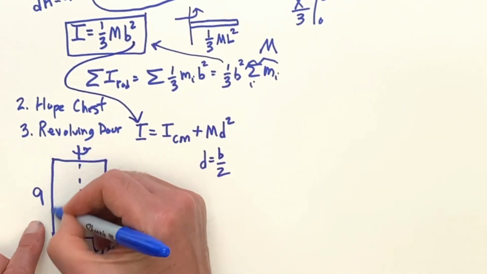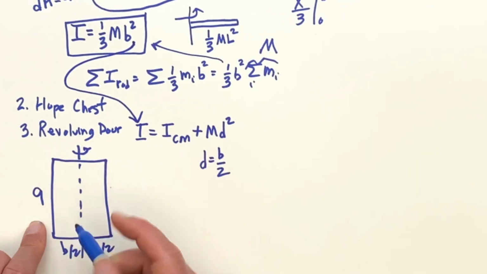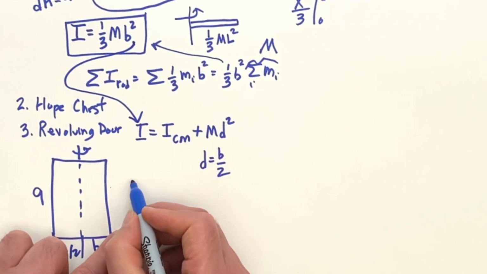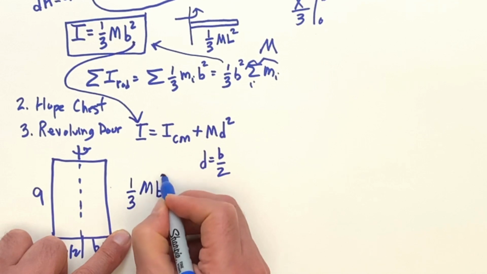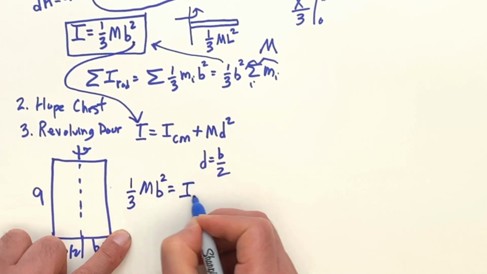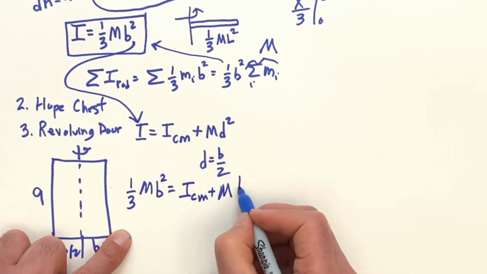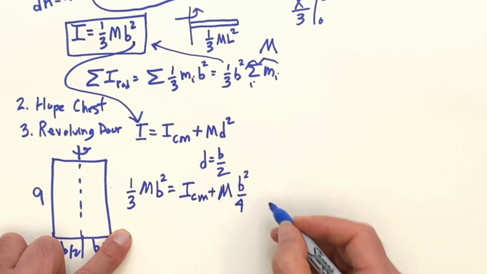So the moment of inertia about the edge is the moment of inertia about the center of mass plus the md squared. But I want to find the center of mass one, so I'm kind of going backwards in a sense here. So I have 1/3 mb squared is I center of mass plus md squared, where d squared is b squared over 4. We're squaring the d, and get b squared over 4.